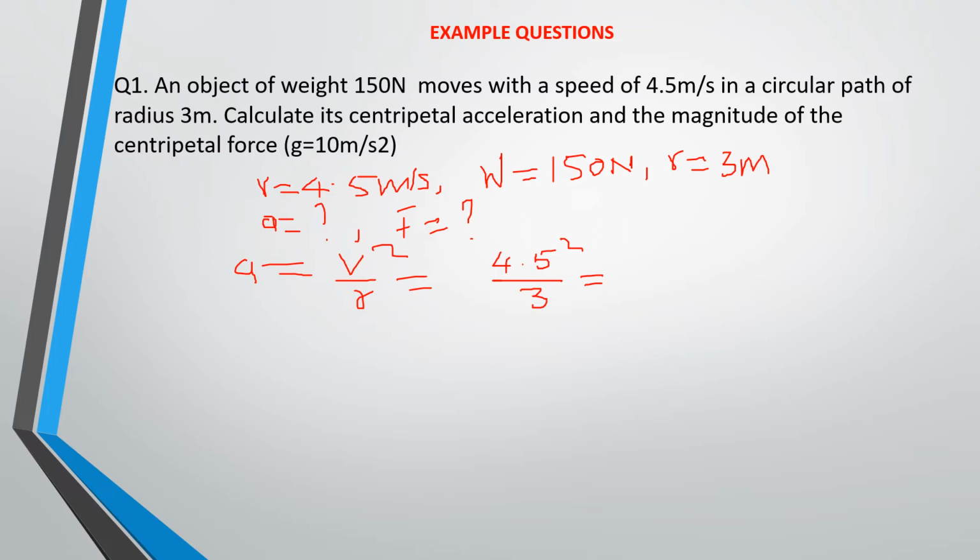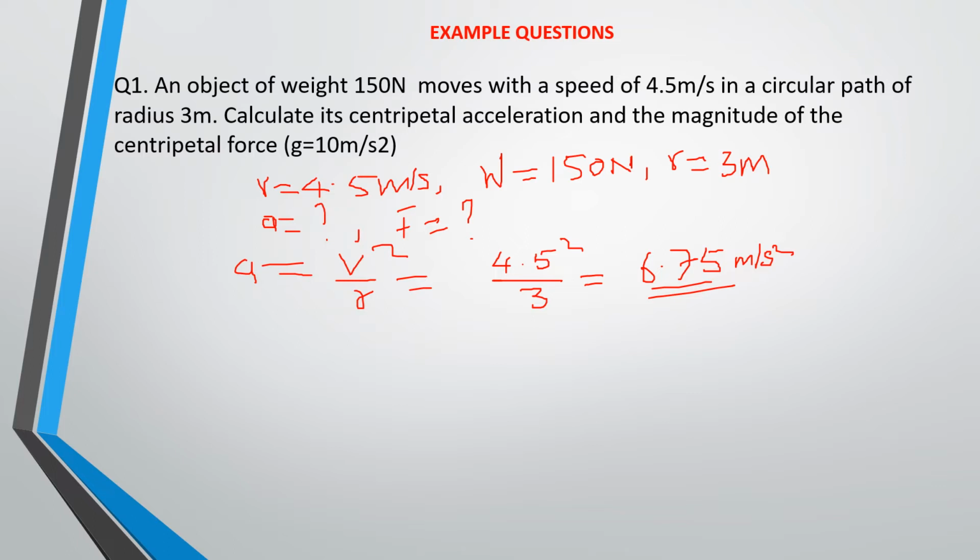When you work this out with your calculator, you are going to have 6.75 meters per second squared. So this gives you your centripetal acceleration.